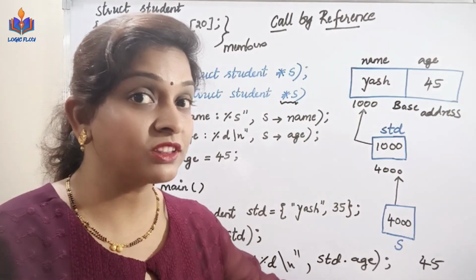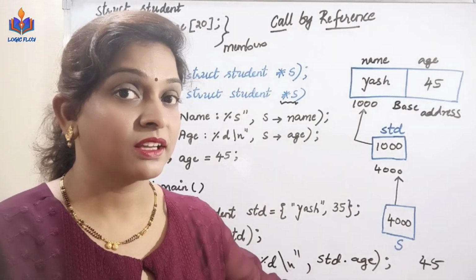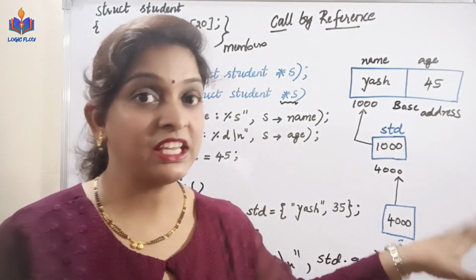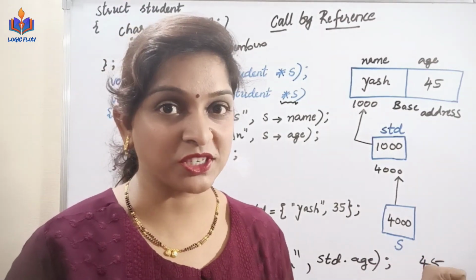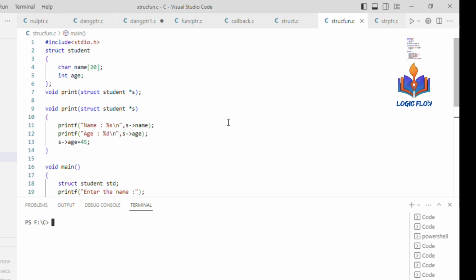So let us see how this changed value can be printed with the complete program and execution. So here we go with the complete program on structures and functions with the call by reference method. The structure that we have defined is struct student, with character name and int age. We have the structure passed to the function.